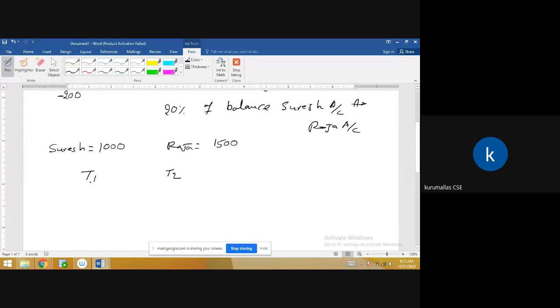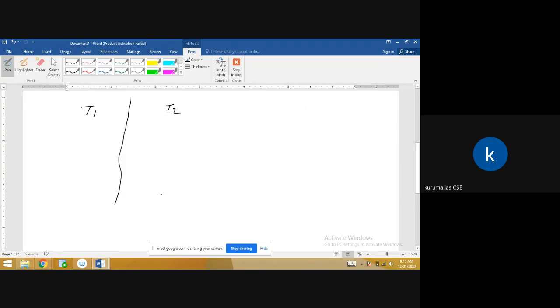Here we are taking T1. What will T1 do? T1 reads Suresh account, and once it reads, the amount available is 1,000 rupees.